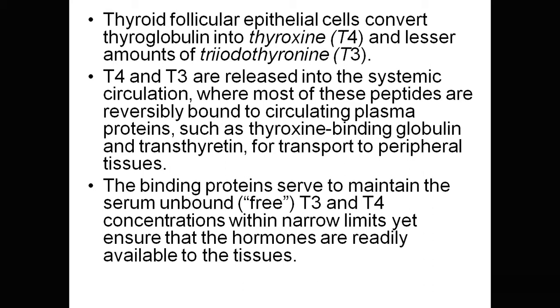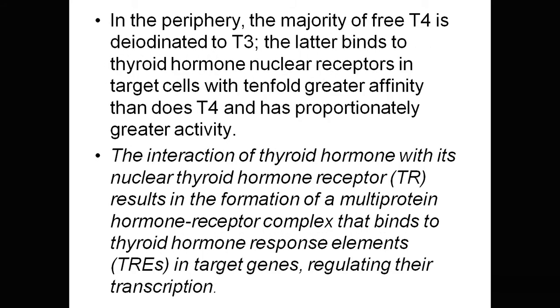The binding protein serves to maintain the serum unbound free T3 and T4 concentration within a narrow limit, yet ensures that the hormones are readily available to the tissue. So the free T3 and T4 level is maintained by binding with the plasma protein.